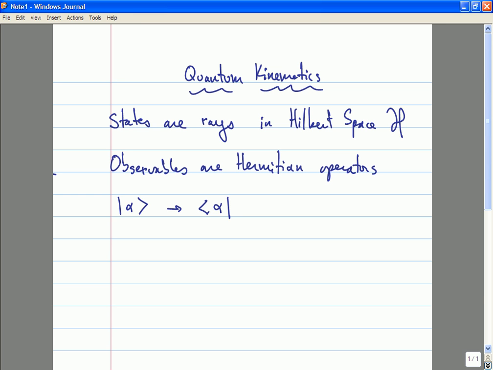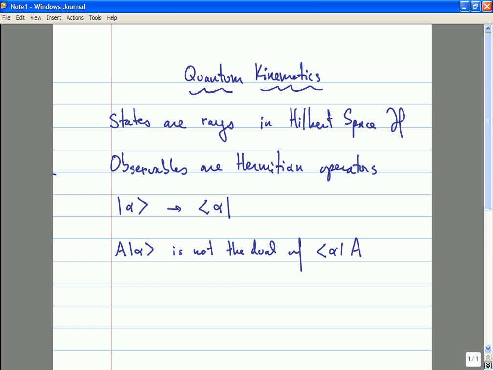And this gives us a notion of a Hermitian conjugate, so that if you have an operator A acting on a ket, then this in general will not be equal to the dual of A acting on the ket from the right as opposed to the left.